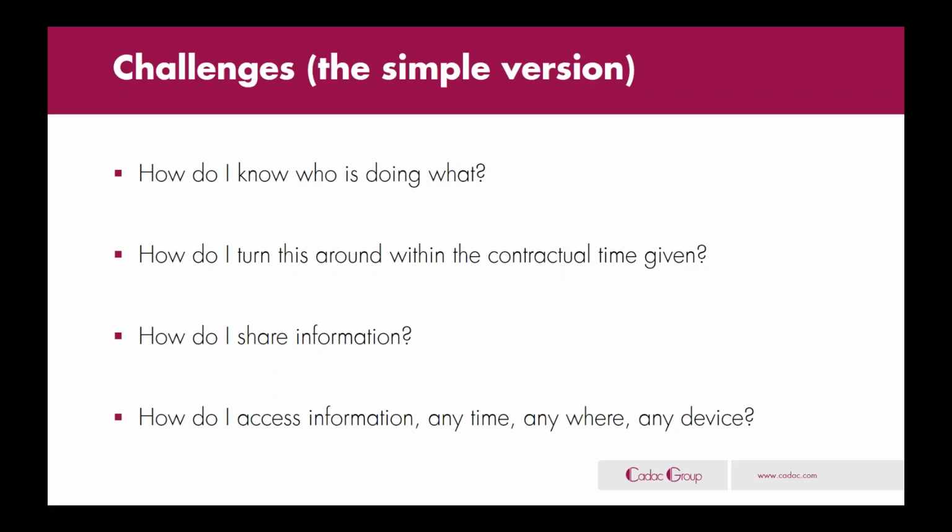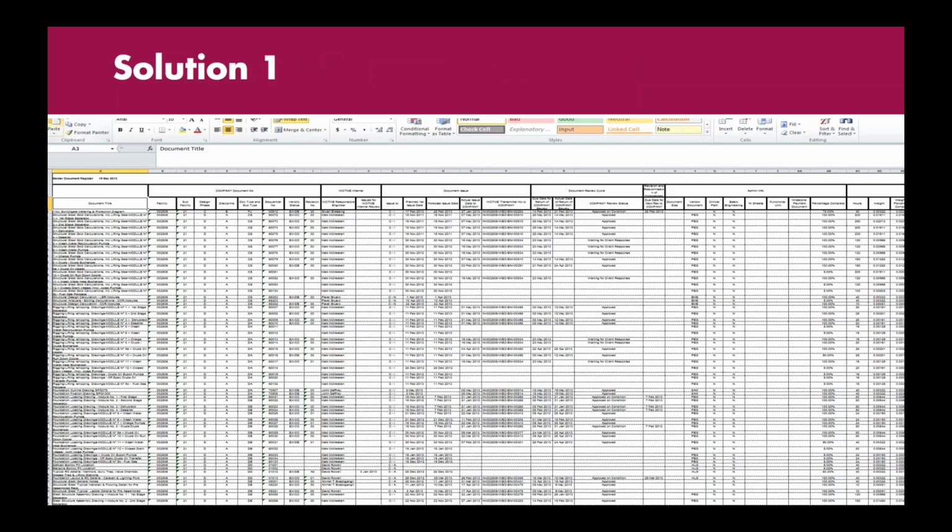So how do you share information? How do you make sure that the other party gets it without overloading your FTP site, and without losing track of who's using what? And how do I access the information from virtually any location, whether I have a connection or not? I still need access to the information that I need to work with. So here's one solution, and it's called Excel.